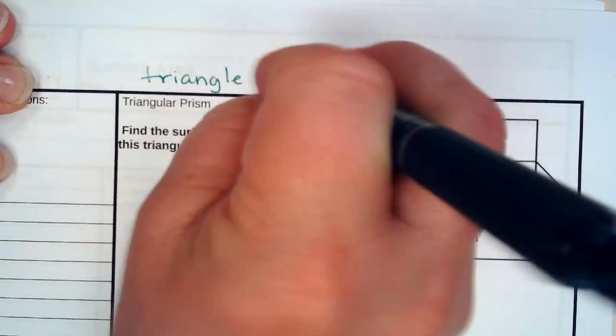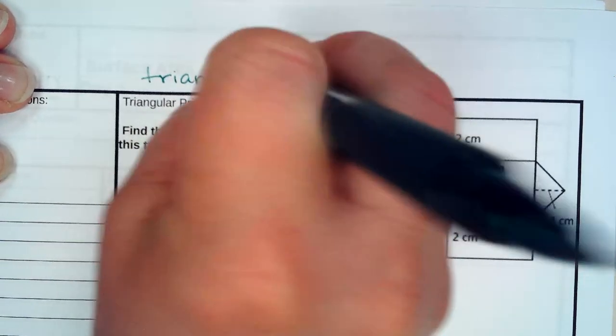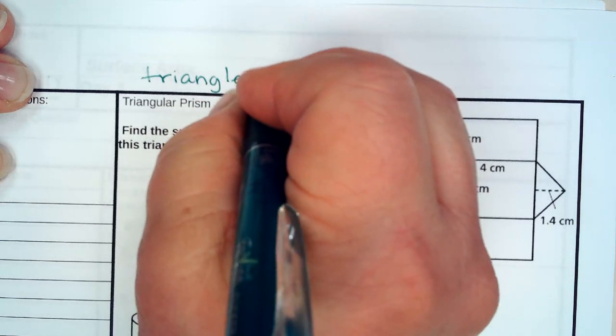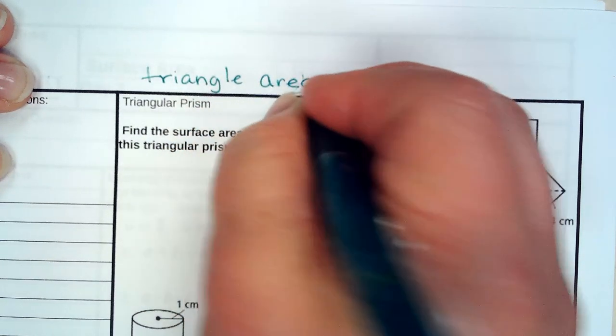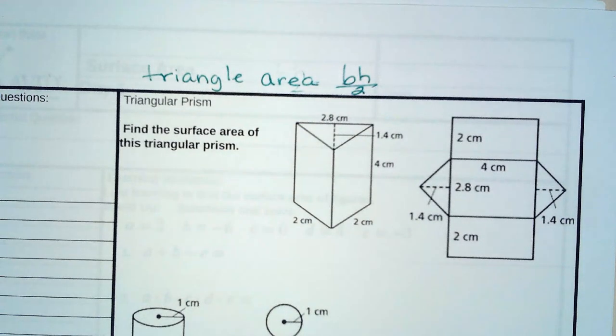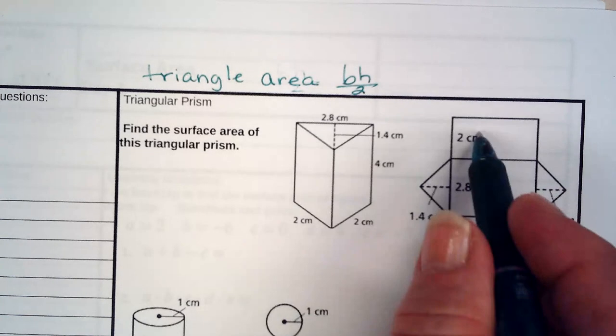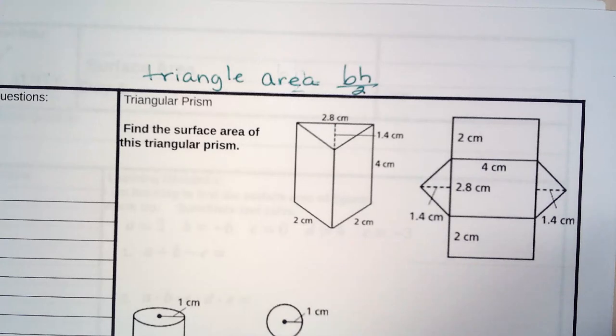I'm going to put area there just so we don't have any confusion. So if you're looking, we know that the area of the triangle will be base times height divided by 2. Then you have 3 edges.